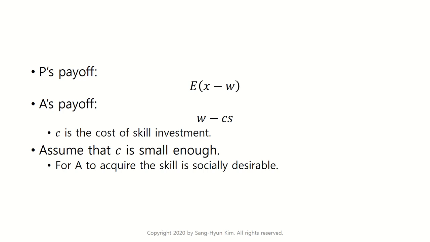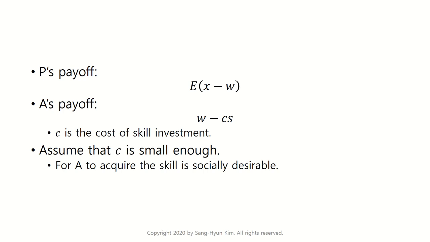C is the cost of skill investment. So if the agent makes a skill investment, which means s equals 1, then the agent's payoff will be w minus c. If the agent doesn't make the skill investment, then the agent's payoff will be simply w. And we assume that small c is small enough.